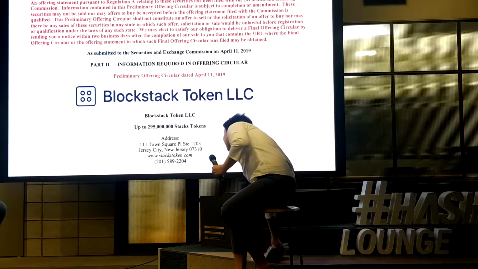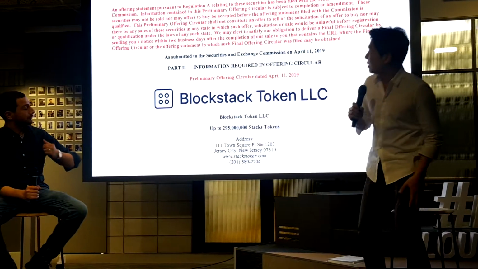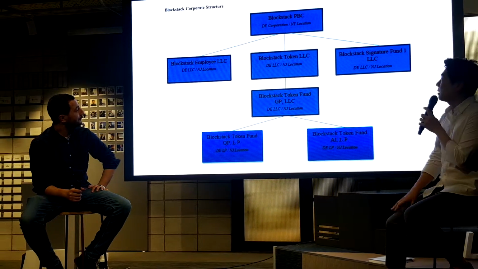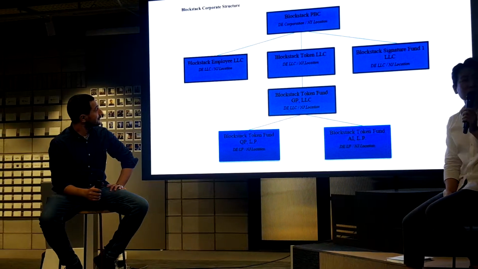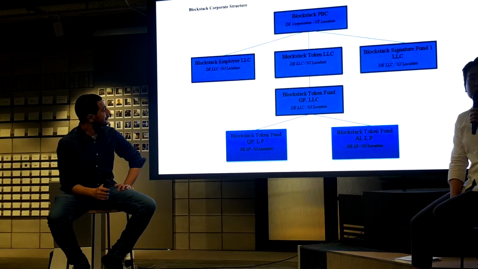Okay, so the first is the corporate structure, which I found interesting. This is the Blockstack corporate structure. And as you can see at the top of the diagram, you have Blockstack Public Benefit Corporation.